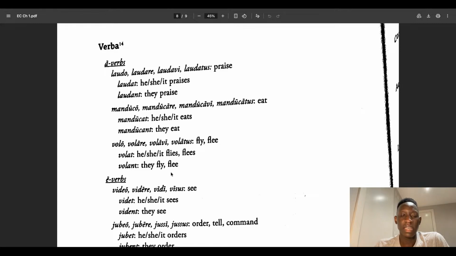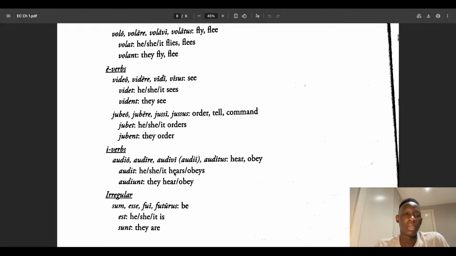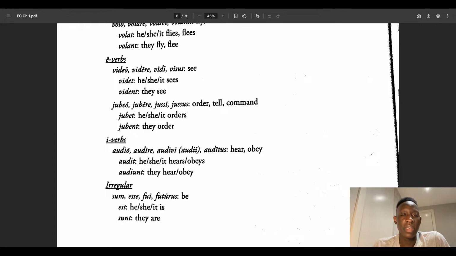Volant, they fly, flee. E verbs. Video, videre, vidi, visus. Videt, he or she or it sees. Vident, they see. Iubeo, iubere, iussi, iussus, order, tell, command. Iubet, he or she or it orders. Iubent, they order. I verbs.